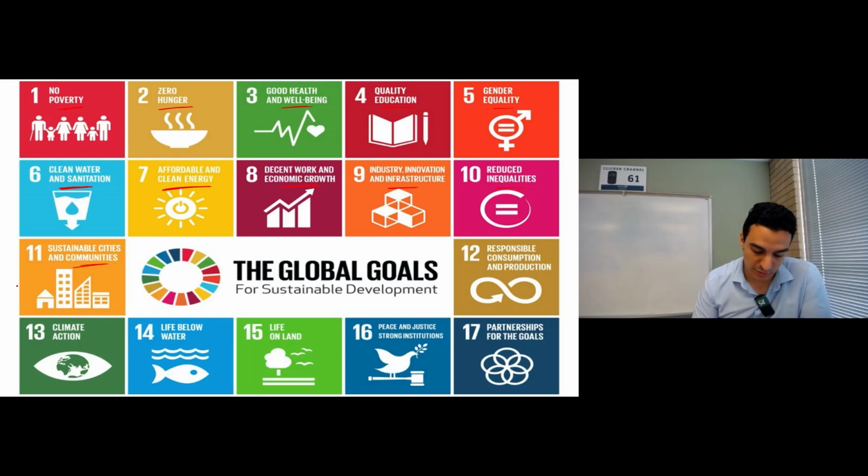Sustainable cities, sustainable communities. We have responsible consumption and production. Again, we are suffering a significant problem over resource depletion, so we need to be wise in using these things. Climate action, the increase in the temperature in the world. There is a conference, the COP conference, like a climate change conference.